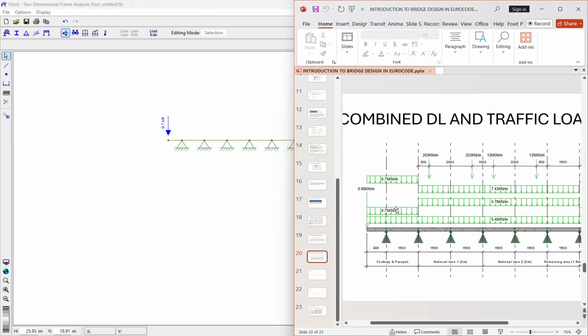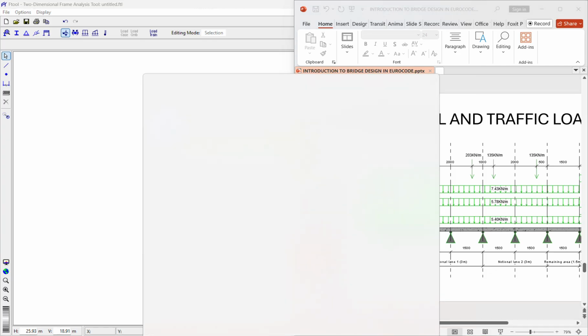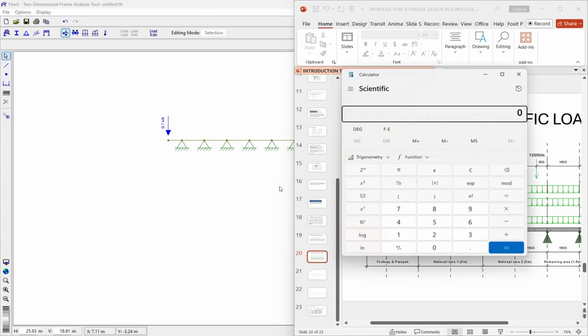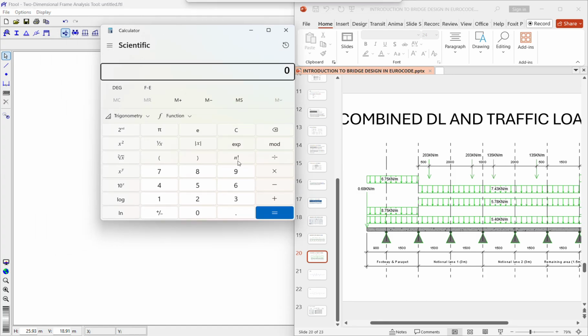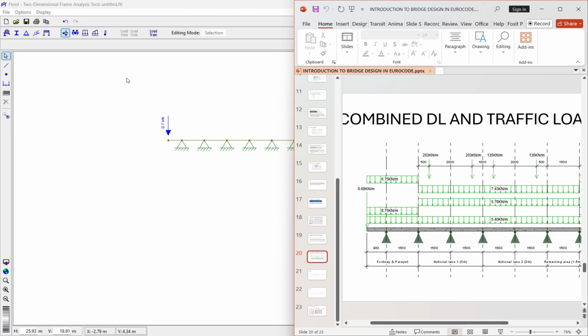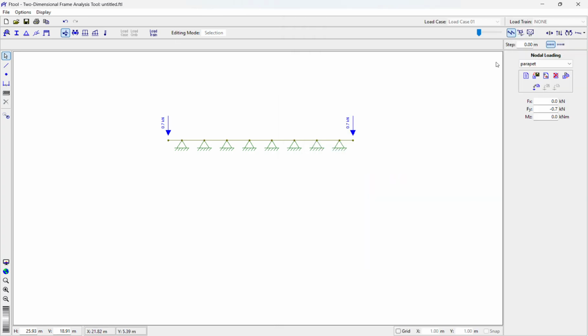Next, it is the footway loading. So the total UDL for the footway loading is 6.75 plus 8.75 plus 5.4. You get 20.9. So you create a uniform loading.